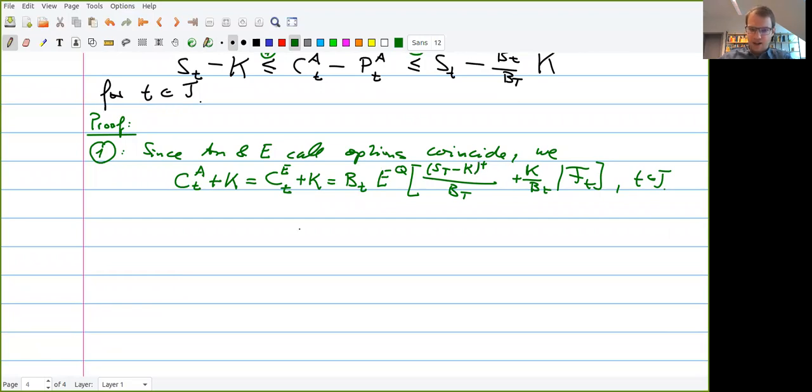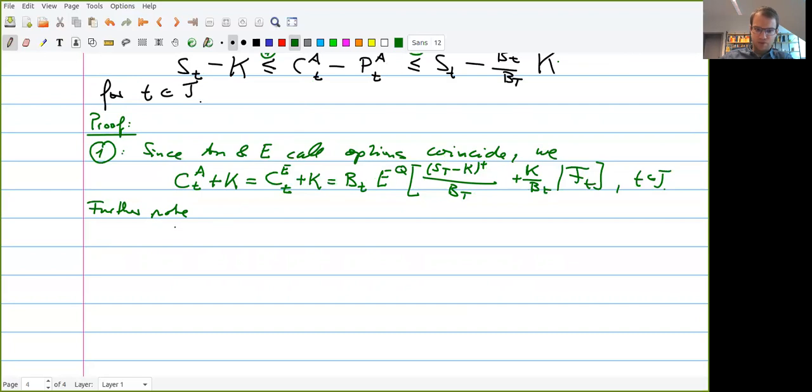Now what do we note? What we want is to estimate this identity from below by S_t plus the price of the American put option. So let's try to estimate this from below.